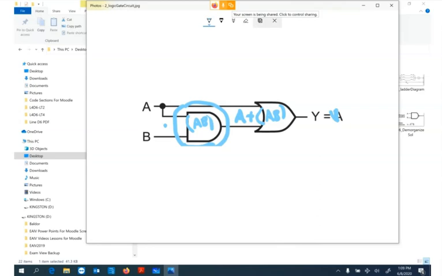Either way, usually it's a Y on the output. But having the A and B in brackets indicates that that is the expression for this AND instruction, and the plus between the two indicates that we have an OR combination as well.